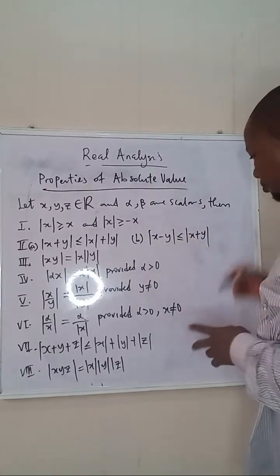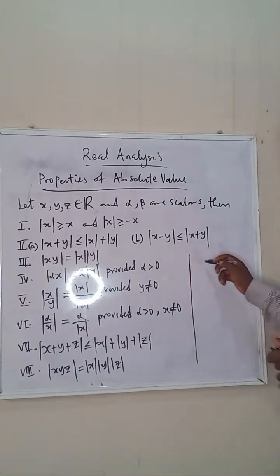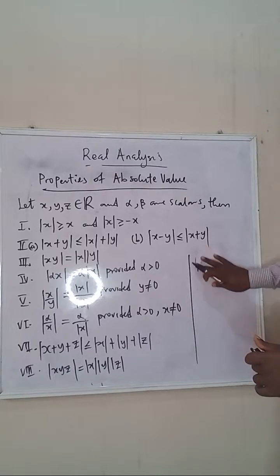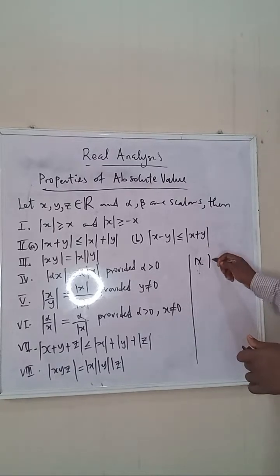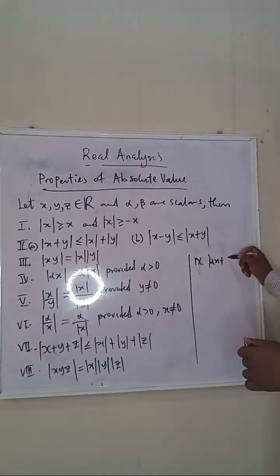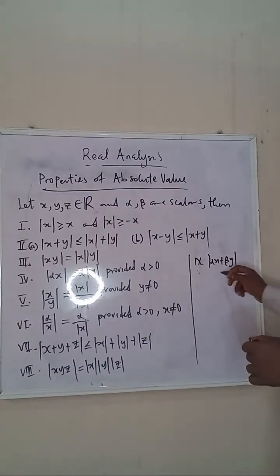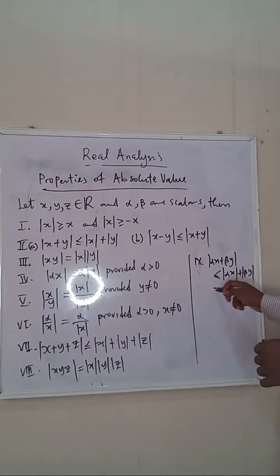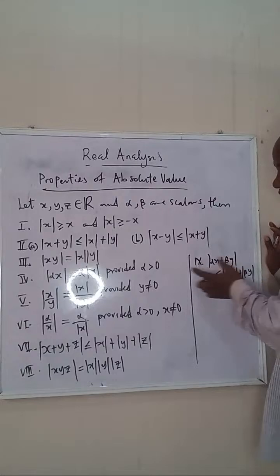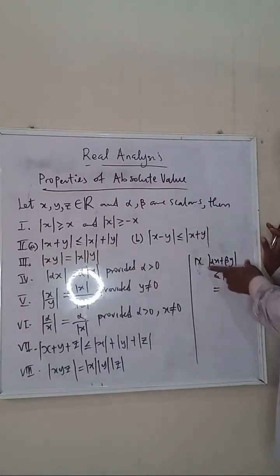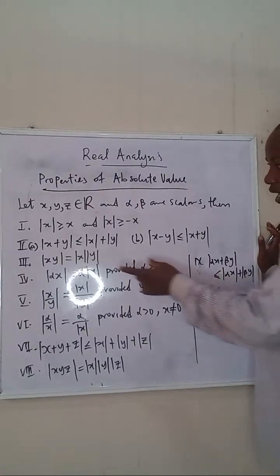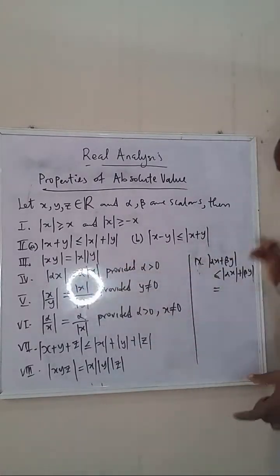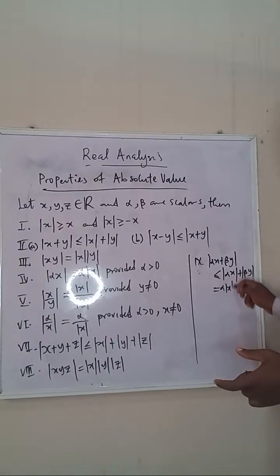For example, let's call this 9, if we have alpha x plus beta y, this is less or equal to this plus beta y, and invariably by the virtue of 1 here, of 2 here, we can break this into this form, and by the virtue of this property, this can be alpha x then beta y.